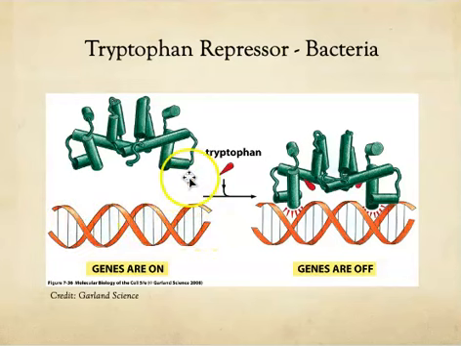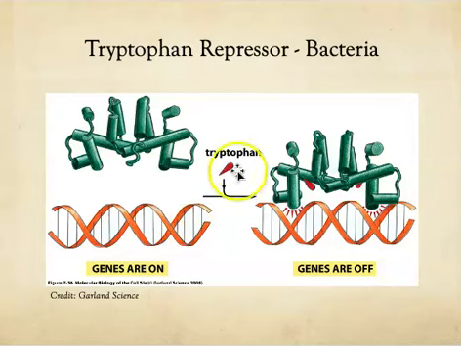The repressor protein is represented by this green structure. And the co-repressor is represented by this little red molecule right here. Now, in this example, the co-repressor happens to be tryptophan. Tryptophan is just one of the amino acids. The gene to produce tryptophan is located in this area.